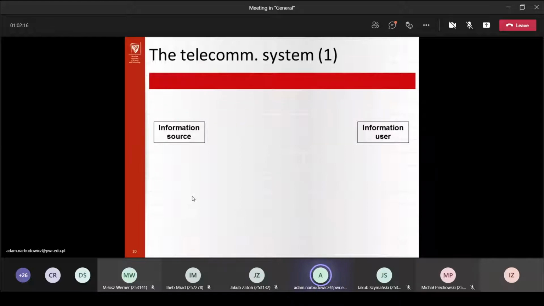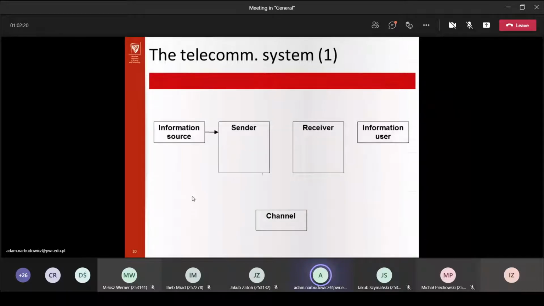So to put that into blocks, there's the information source, and those are the blocks that we have been discussing, right? So we have the information, which again is just the data. And then we have a sender, which formats and prepares the information so that it can be transmitted through some physical channel. Okay, what's important, we really need some medium, some sort of a channel over which we can transmit, right?